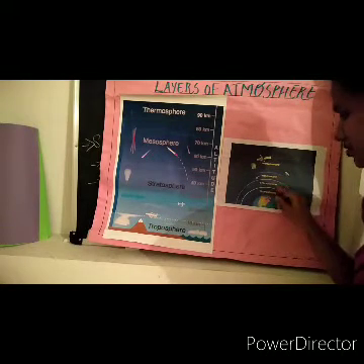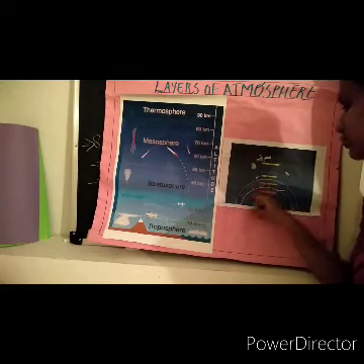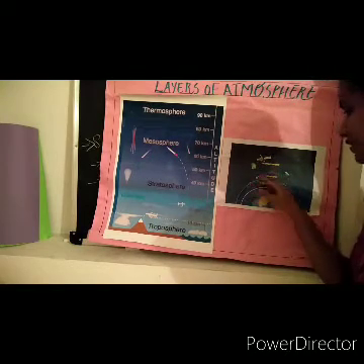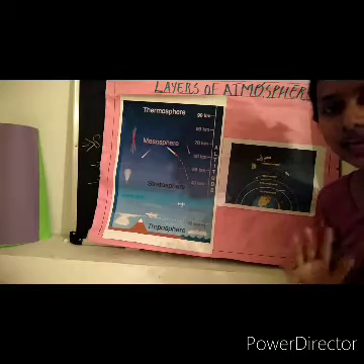The lowest layer, which is closer to the earth, is troposphere. And stratosphere is just above the troposphere. And above the stratosphere, it is mesosphere. And above the mesosphere, it is thermosphere. So, the four important layers of atmosphere are shown in this image.